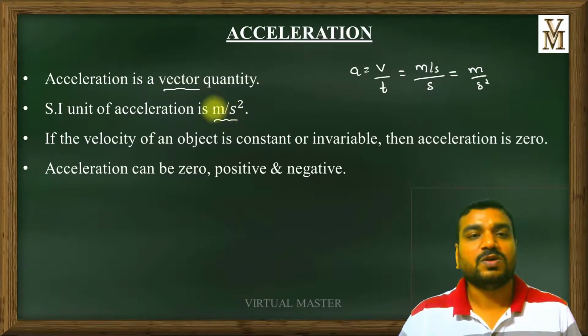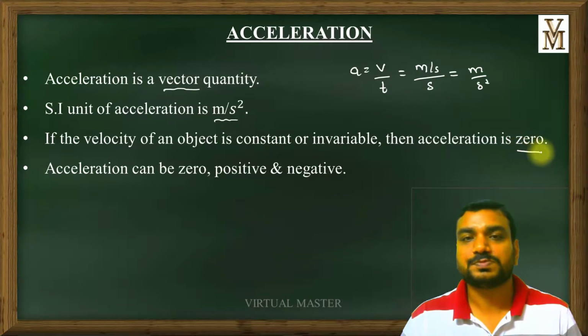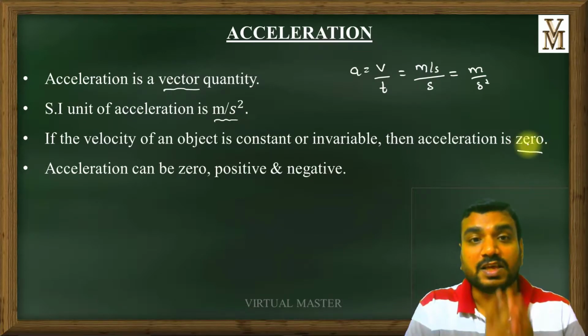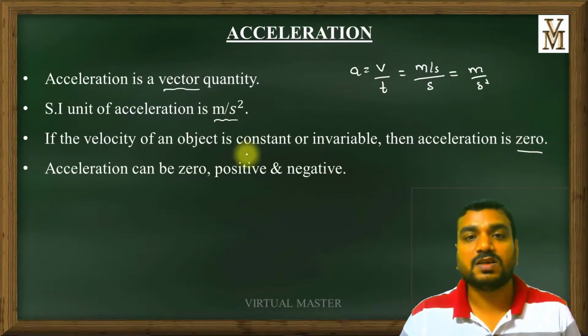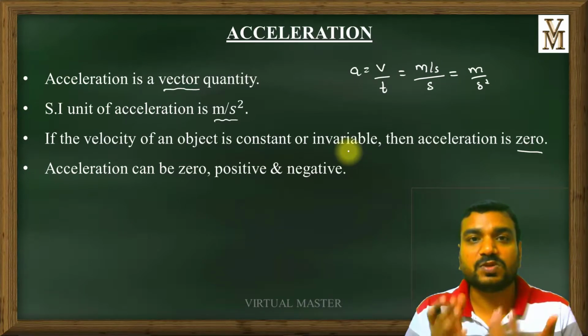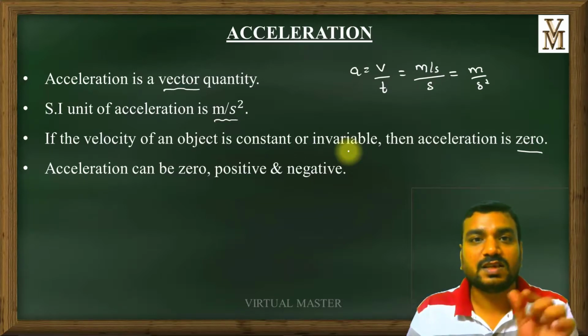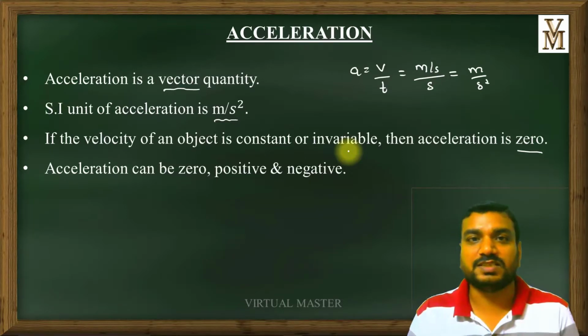Now if the velocity of an object is constant or invariable, then acceleration will be zero. The third point is if the velocity of an object is constant or invariable, which means if the velocity is not changing, then acceleration of the object will be zero, isn't it? The definition of the acceleration only tells that acceleration is the measure of how fast the velocity of the object is changing.